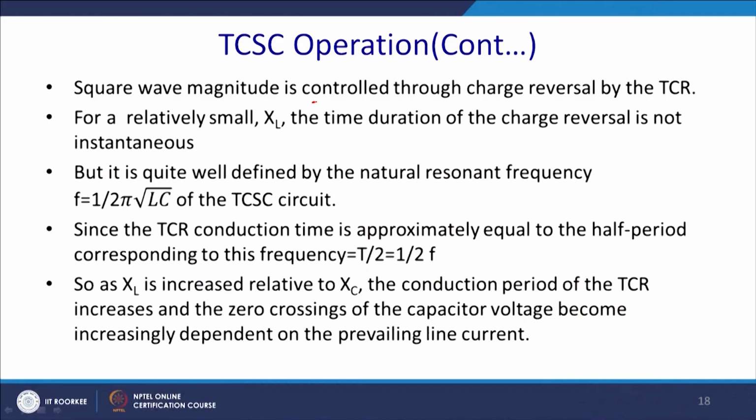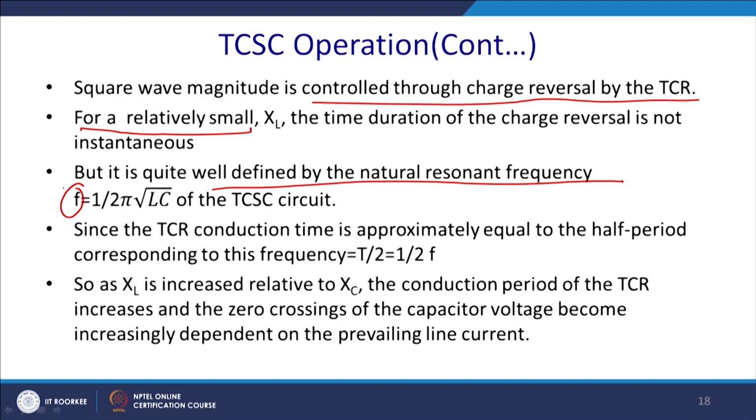So, what more can we say about the TCSC? The square wave magnitude is controlled through the charge reversal by the TCR. For relatively small XL, the time duration of the charge reversal is not instantaneous, so it will take some time.